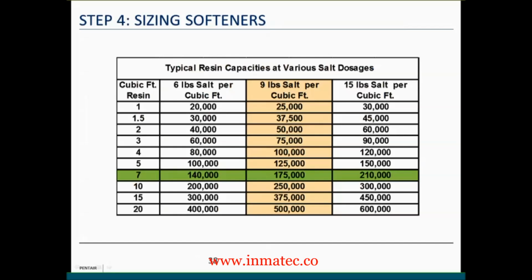So we would have to have a 7 cubic foot resin tank or 2 3.5 cubic foot tanks that regenerate more often, matched to the plumbing size. Safely we would go to a 10 cubic foot resin, which would give us a day and a half before the system would regenerate. You could go to a 20 cubic foot resin softener, and it would regenerate every 3.5 days.